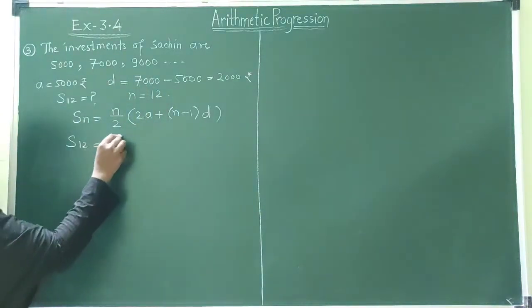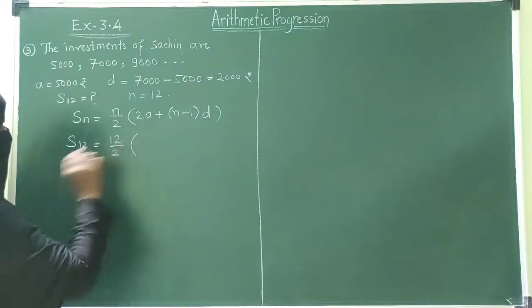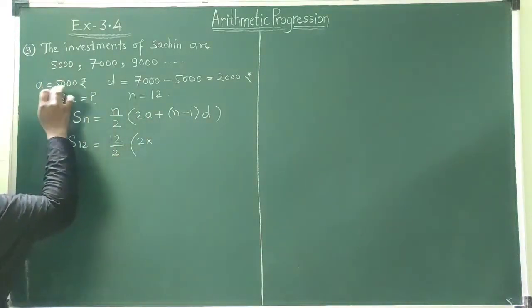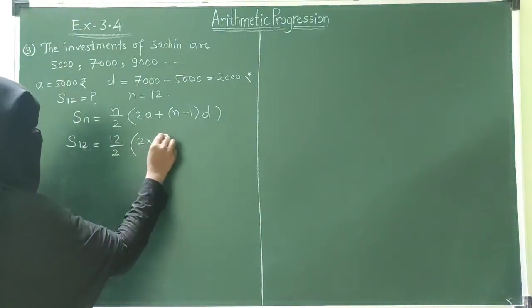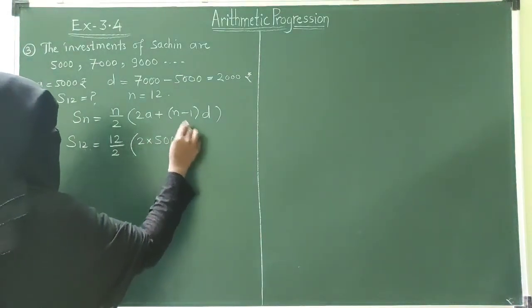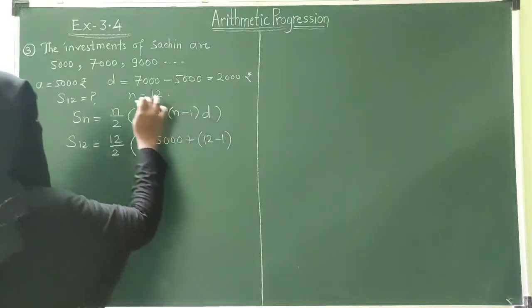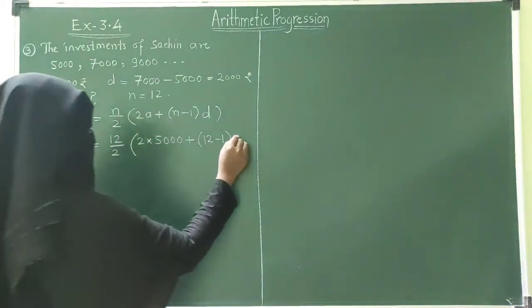S12 is equal to 12 upon 2 into bracket 2 into the first investment, 5,000 rupees, plus n is 12 minus 1 and difference is 2,000 rupees.